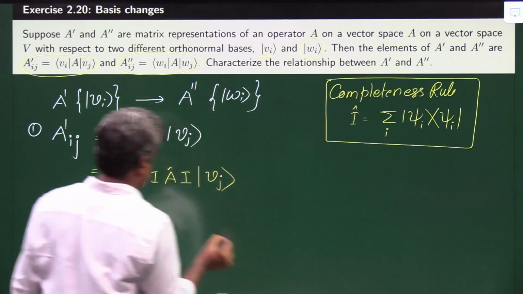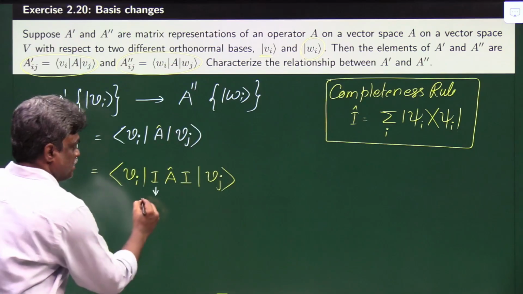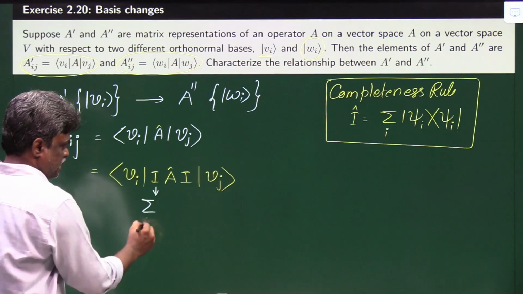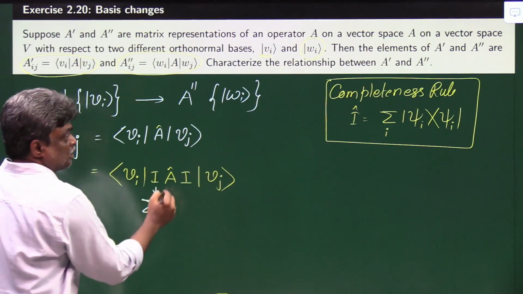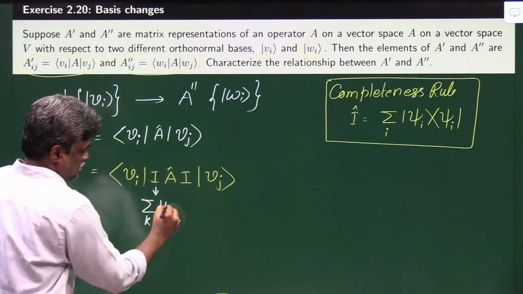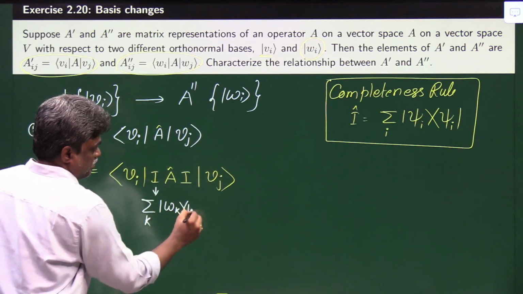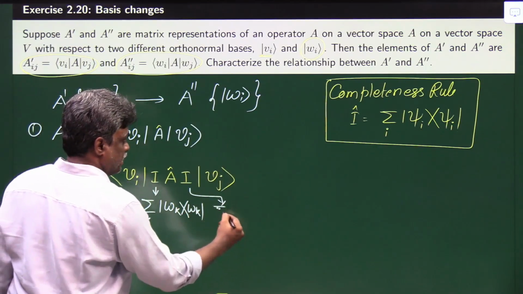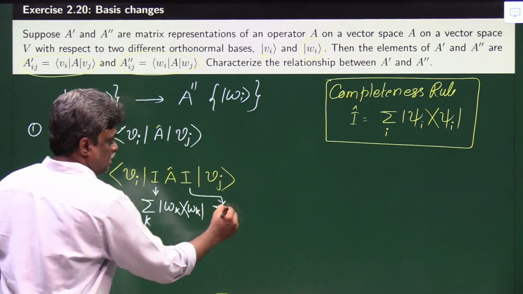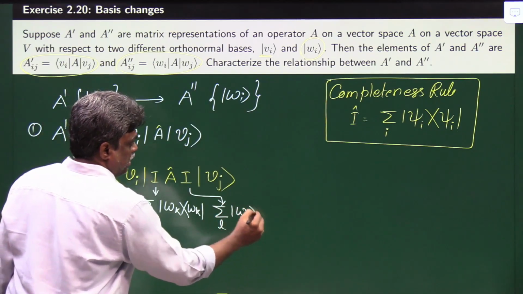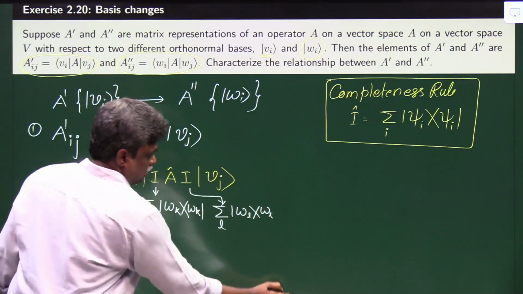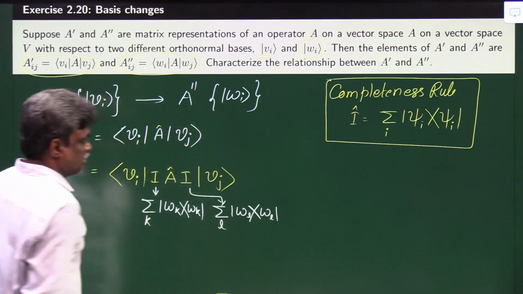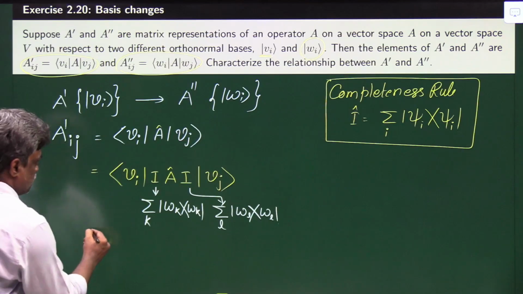Now I am going to write this I as a summation. I and j are already taken as dummy indices. I just take another index k, which is another basis. This is the outer product. So next this I, please take another index, no problem, L, and again WL. That's it. So just take it and substitute.